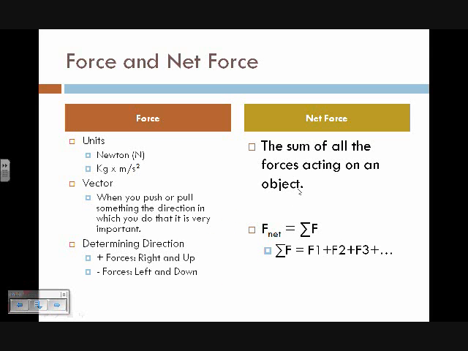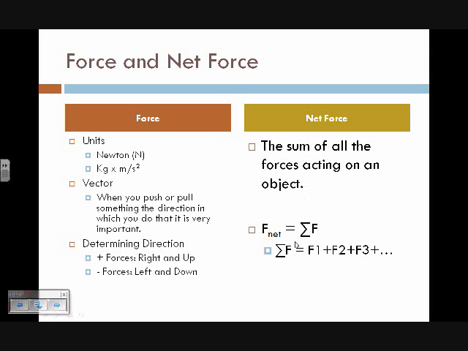Okay, so the sum of all forces acting on an object is basically the definition for net force. Whenever you have multiple forces, you're going to add them all up, and we're going to make sure we put the negative for forces that go left and down and positive for forces that go right and up. When we add all those forces up in the x direction going across and the y direction, we can calculate the net force of the object.